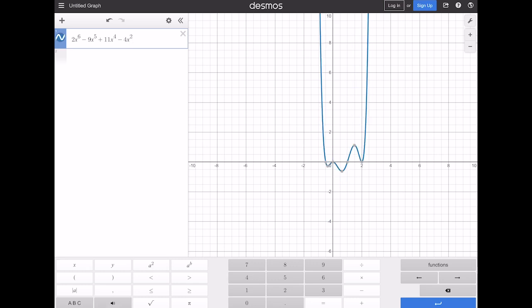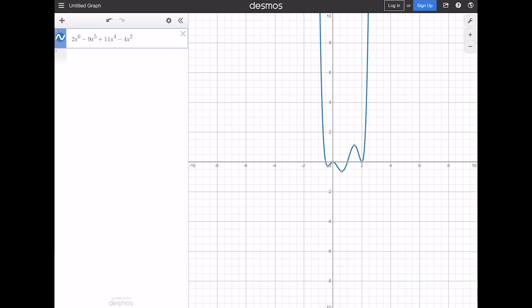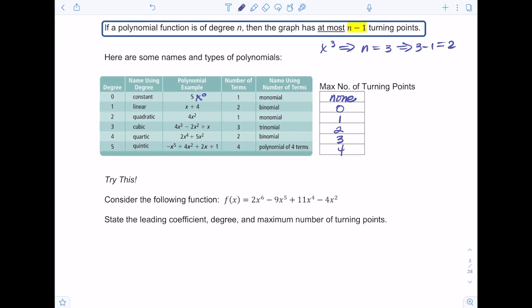Okay, so as you can see here, if we're looking at the number of turning points, it actually has 1, 2, 3, 4, 5 turning points, which makes sense because it's a degree 6. So it will have at most n minus 1 or 6 minus 1 turning points. So it has 5 turning points here. Every place where there's basically a dot either in the valley or on top of the hill. So there's 5 places in which that occurs.